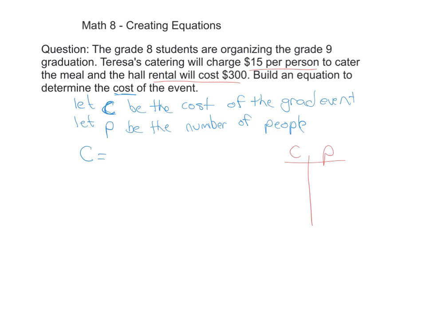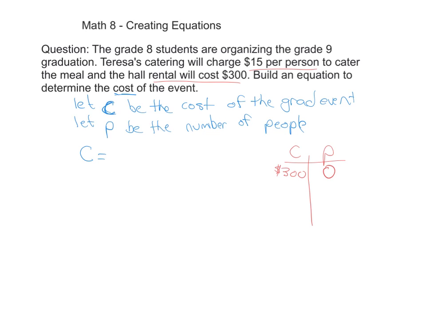Let's say, for example, no people show up. So the number of people is 0. How much is this going to cost? The caterer doesn't charge anything because it's $15 per person, but there's no one here. So the cost would just be the rental, $300.